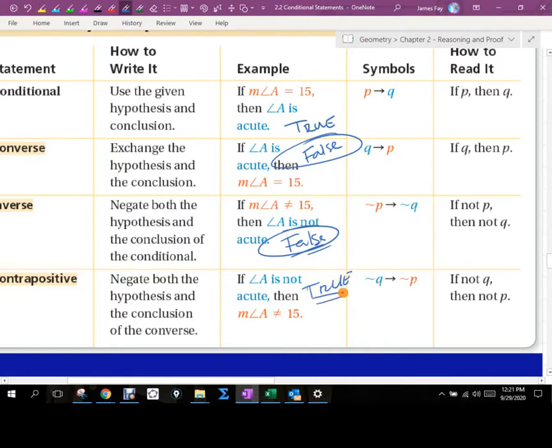So, on a test, I wrote in the last test maybe some postulates. I reorganized the way we thought about them. I took some words out, took some phrases out, and asked you, are they true or false, always, sometimes, never type thing. If I give you more questions like that, maybe on a test I give you that contrapositive down there at the bottom. It says if angle A is not acute, then measure of angle A does not equal 15. If that's the conditional that we start with, I give you this on a test, and I ask you, is that true or false?